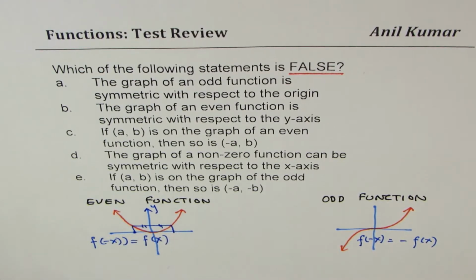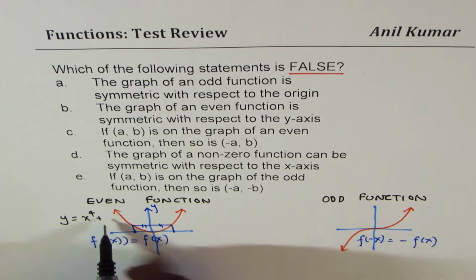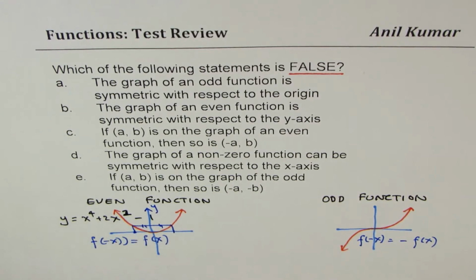I can give you many examples of even and odd functions. For example, a function like y equals x to the power of 4 plus 2x squared minus 1 will be an even function. All powers are even in this particular case.